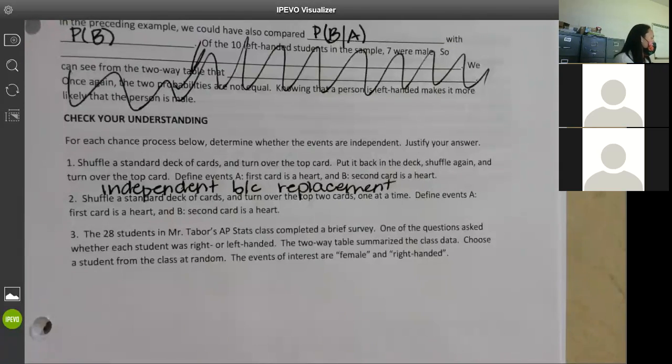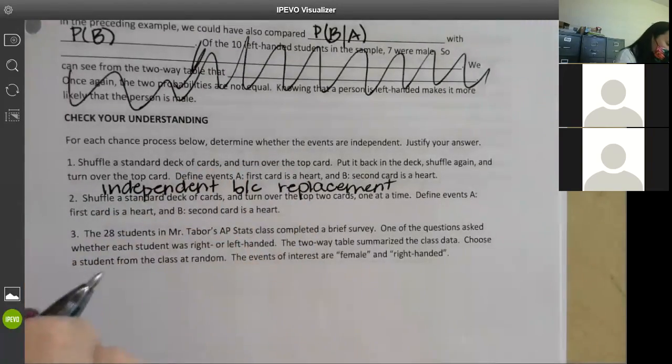Shuffle a standard deck of cards and turn over the top cards two at a time. I'm sorry, two cards one at a time. Define event A as the first card is not a heart and B as the second card is a heart. It's not independent. Why is it not independent?